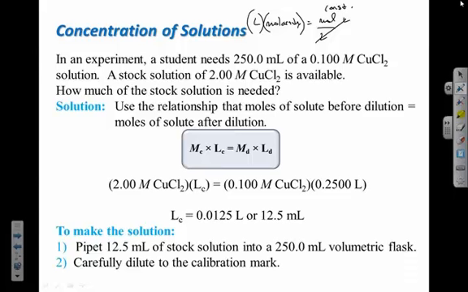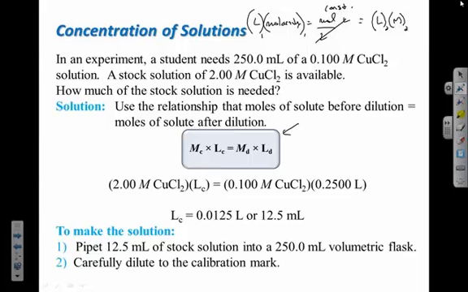So this is only for dilution, only when the moles of solute is not changing. So if I have a certain volume at a certain molarity, that's equal to a constant. It should also be equal to a new volume with a new molarity. And that's my dilution formula. So this formula is very useful, but it's only for dilutions.